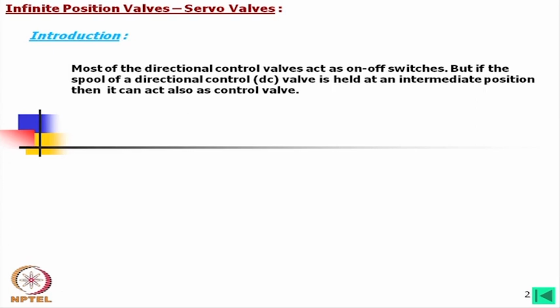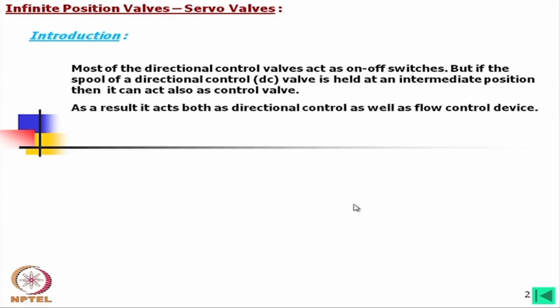Control means, in this sense, infinite control. On-off itself is a control which is just 1 or 0. In that case, you will get some intermediate positions to control the flow as well as the pressure. As a result, it acts both as a directional control as well as a flow control device.